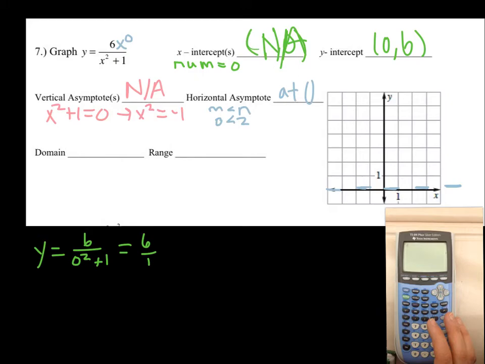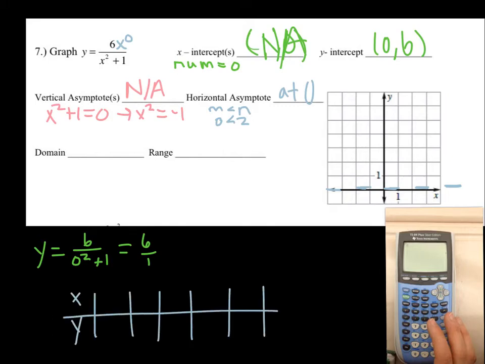I just went ahead and graphed this in my calculator and pulled points from my table. So if I put my points here, I'll just make a little table. 1, 3, negative 1, 3, 3, 3/5, negative 3, 3/5, and 0, 6.